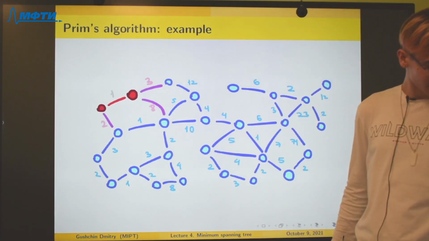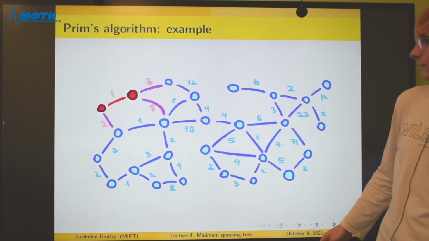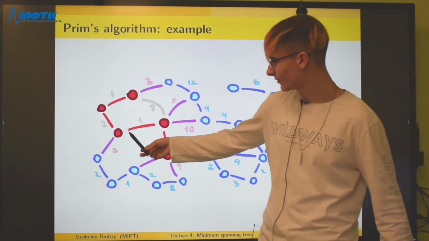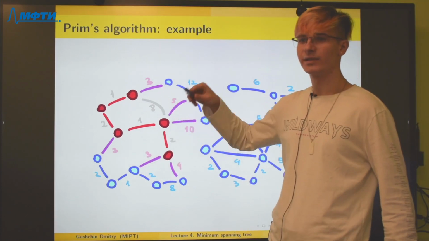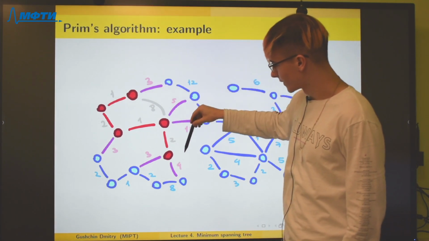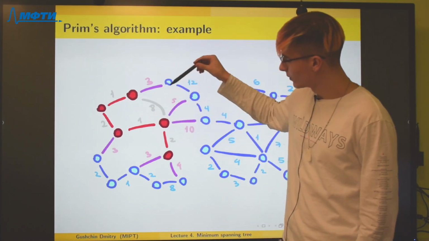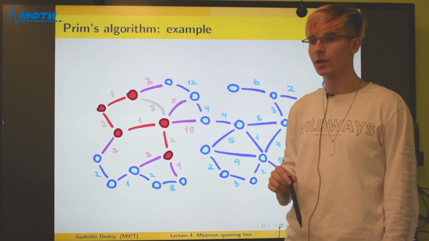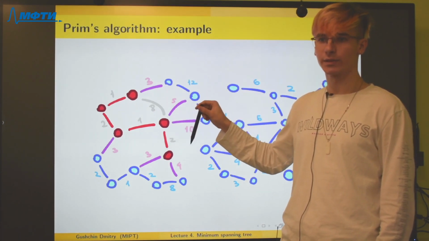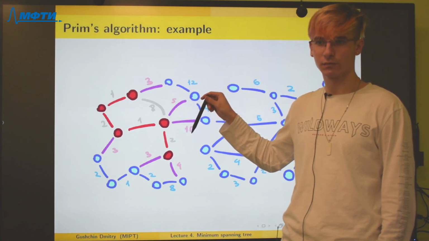What is the minimum edge in this cut? 2. 3. Oh, and we have 1, 2, 3. And you remember that if we have different edges with minimum weight, for each edge we can find a minimal spanning tree that contains it.